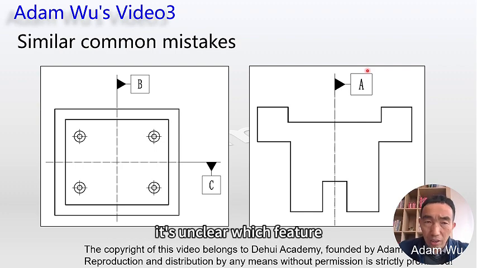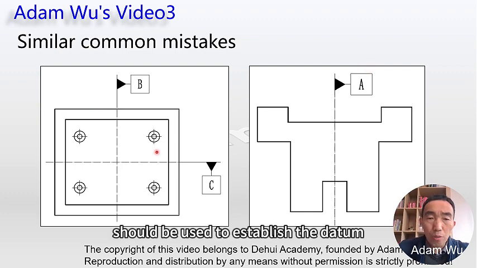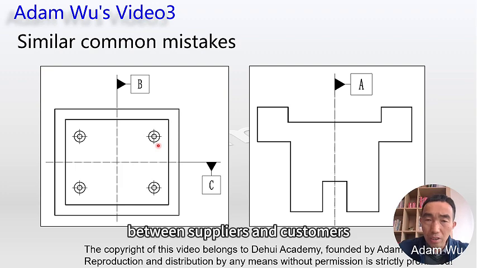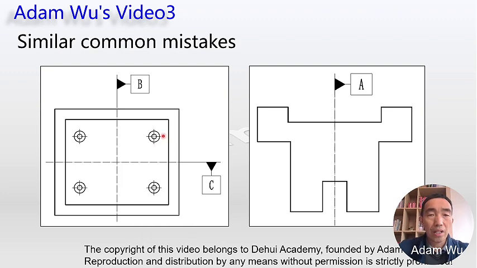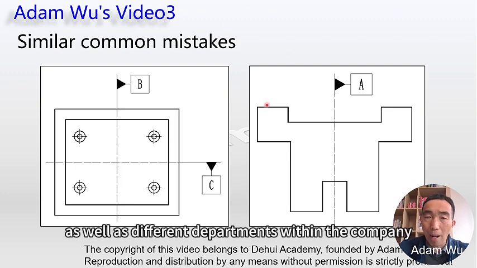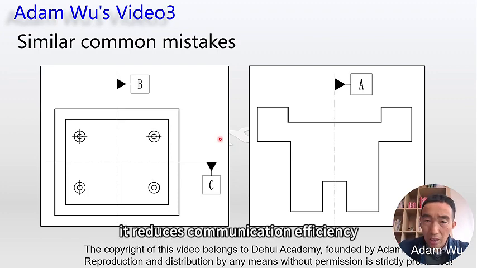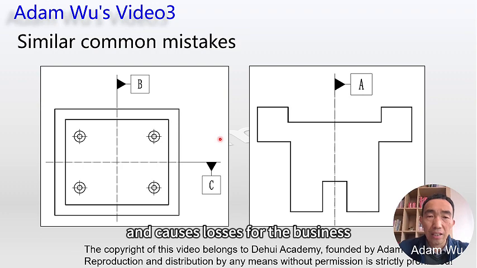It's unclear which feature should be used to establish the datum. This can lead to disputes between suppliers and customers, as well as different departments within the company. It reduces communication efficiency and causes losses for the business.